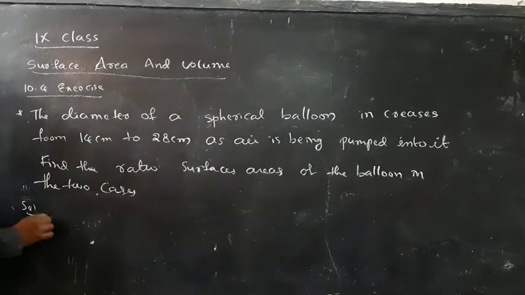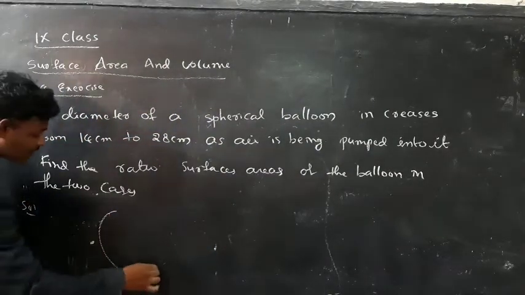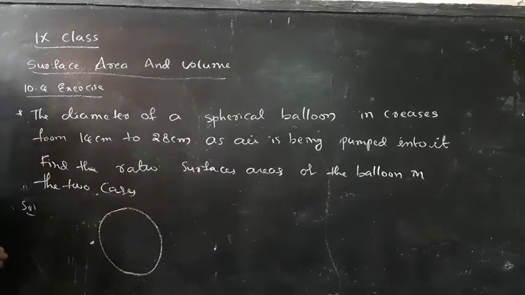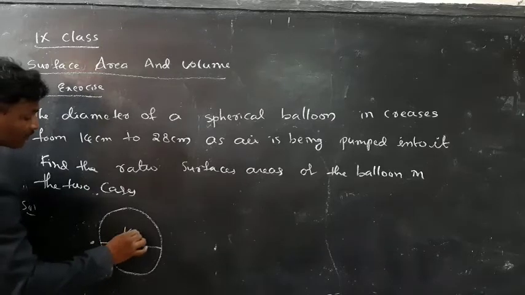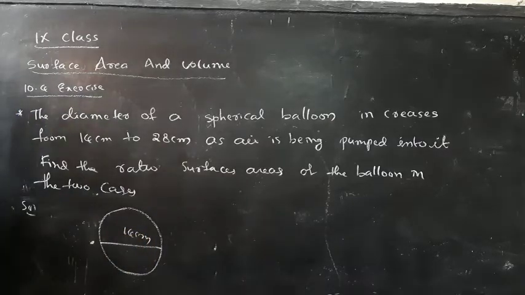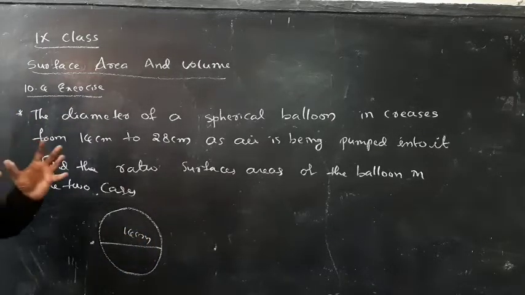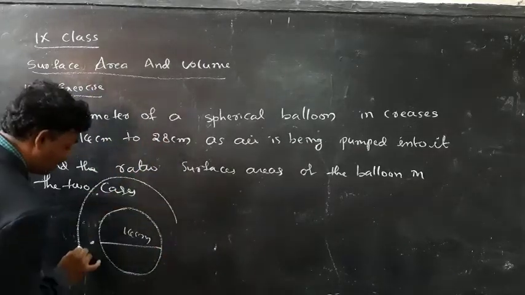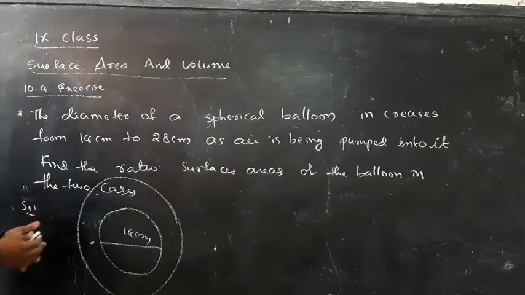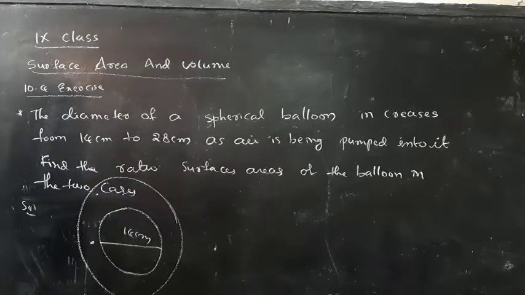Solution. First, here is one balloon. What is the diameter here? Diameter of the balloon is 14 centimeters. Here what happens? Some air is pumped into the balloon. So by pumping the air, the balloon is increased like this.